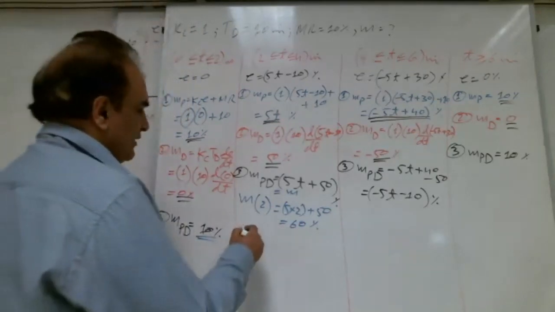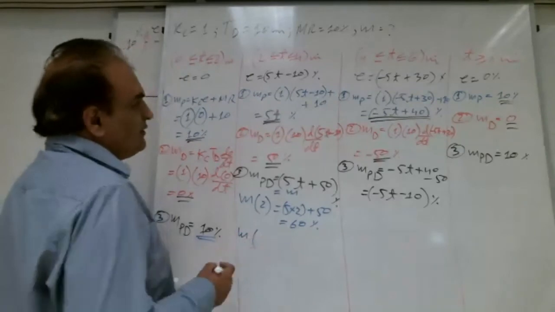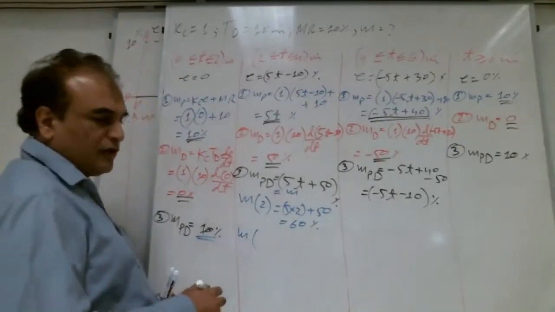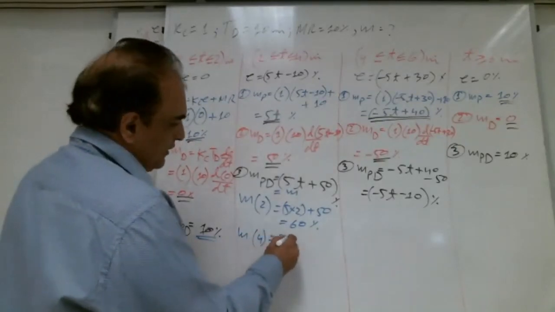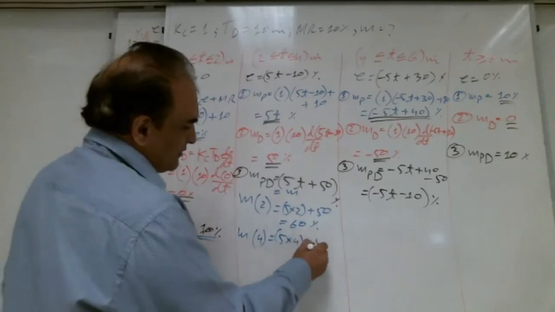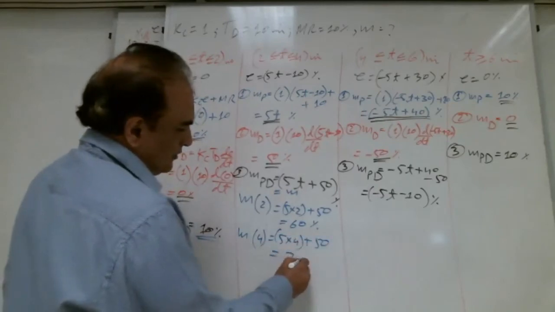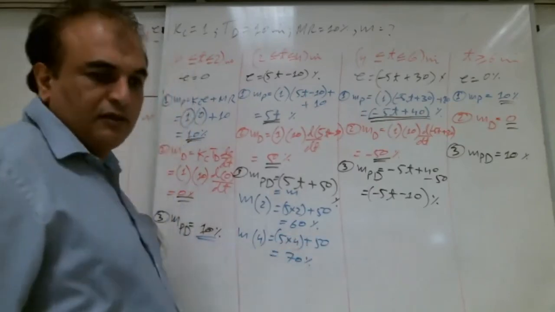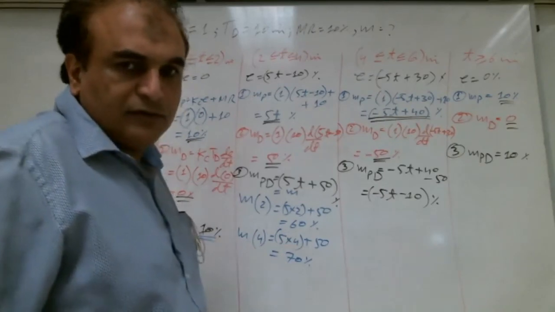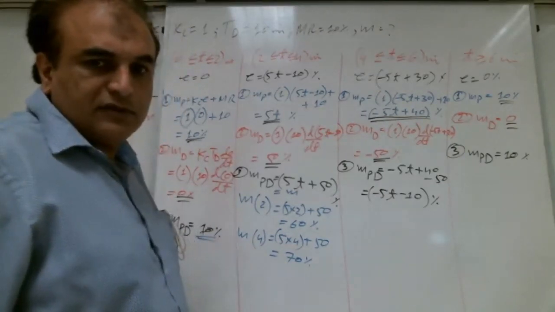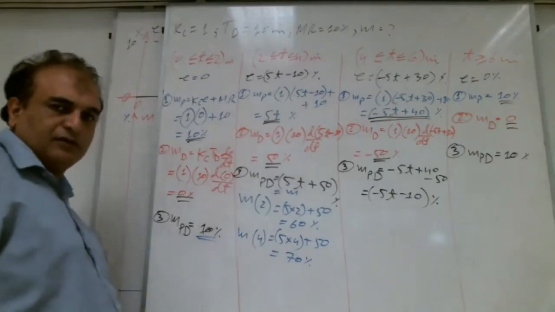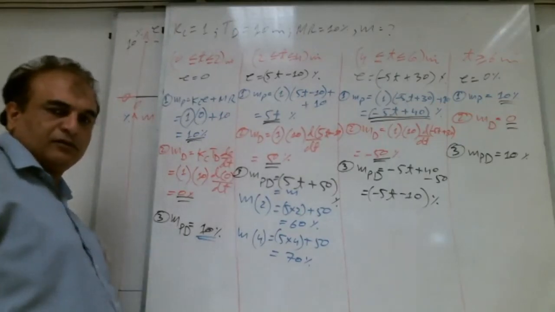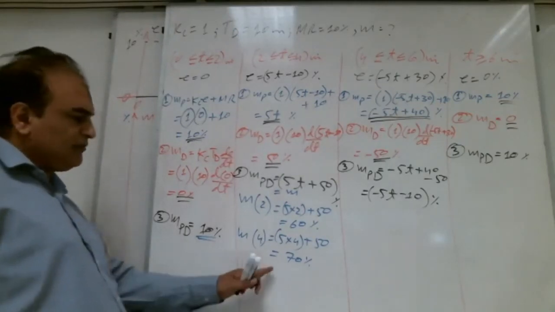That's good. A lot of brothers are saying yes. What is the second point? 4. Very good. So 5 into 4 plus 50. How much? 70%. Right, Shabab? 70 is fine. Is it okay, Shabab?